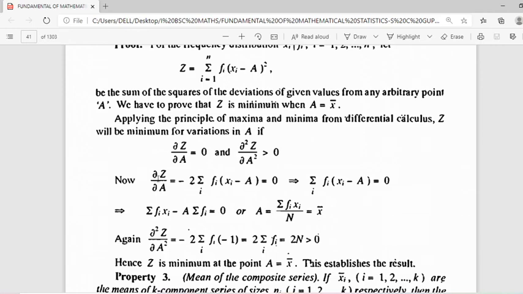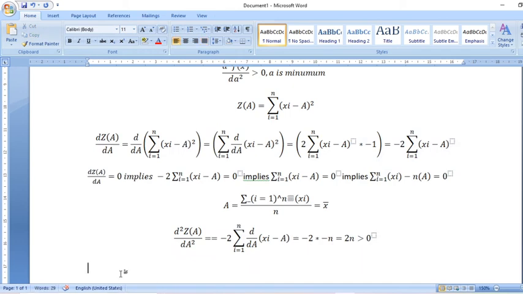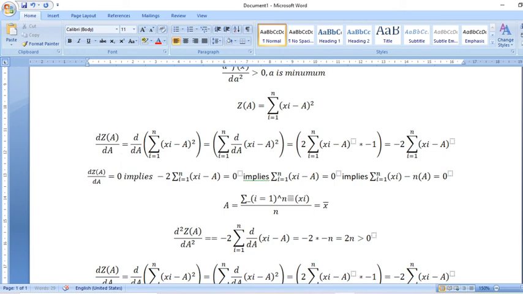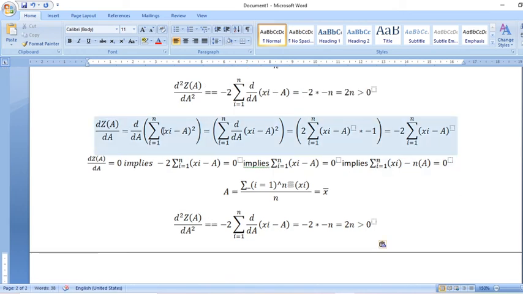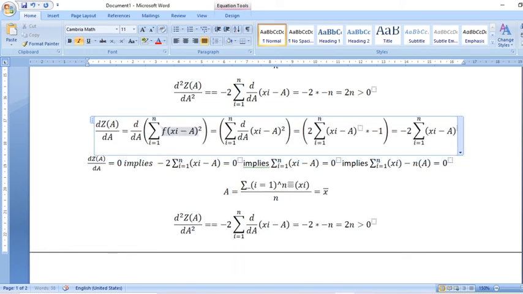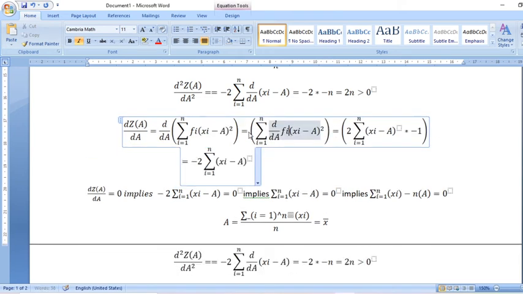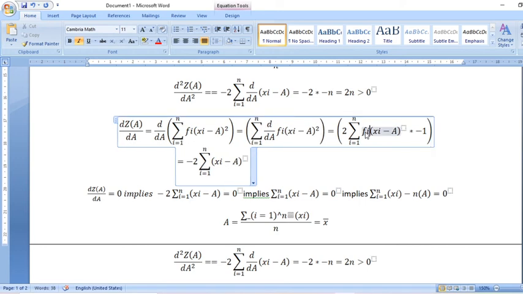So to take the derivative dou z by dou a, we consider the entire function again with the frequency data. dz by dA equals the derivative of fi into xi minus a square, that is fi into 2 times xi minus a, with minus 1 remaining.